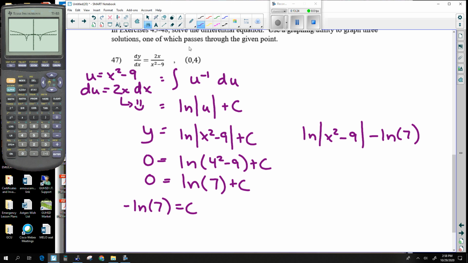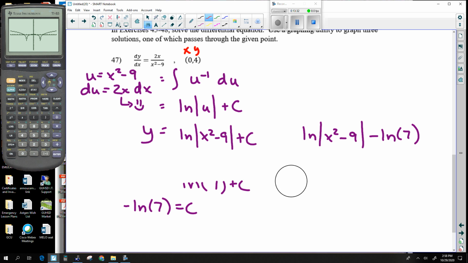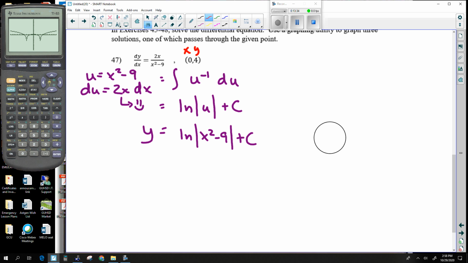Do you see my mistake? This is an X and this is a Y. Man, where did I learn math? I'm ashamed. All right, so Y is 4. There we go. Okay.